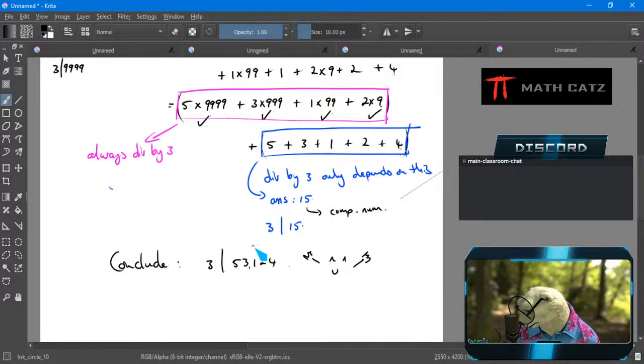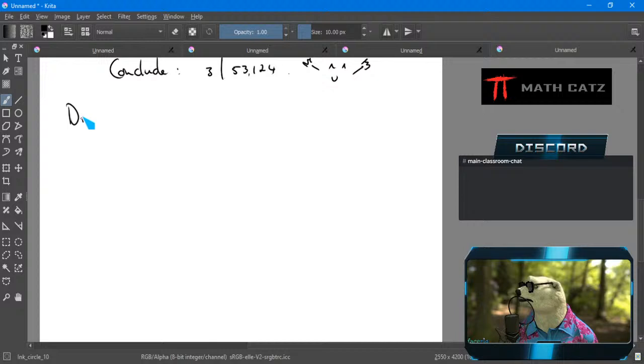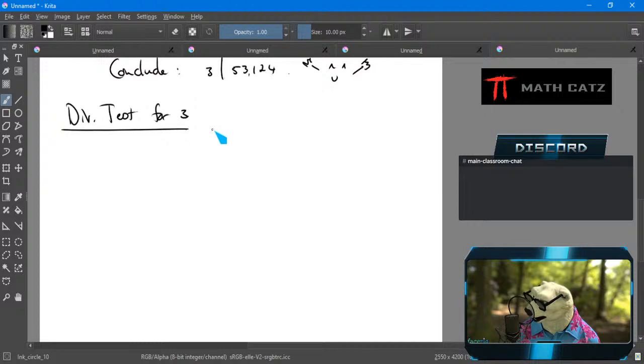So let's write that down so we have it in our notes somewhere. So now it's the divisibility test for 3. To me, it's cool, but it's not obvious in any way. I add up the digits. Why? Well, the explanation is a little complicated, perhaps, but the test is super easy to use.